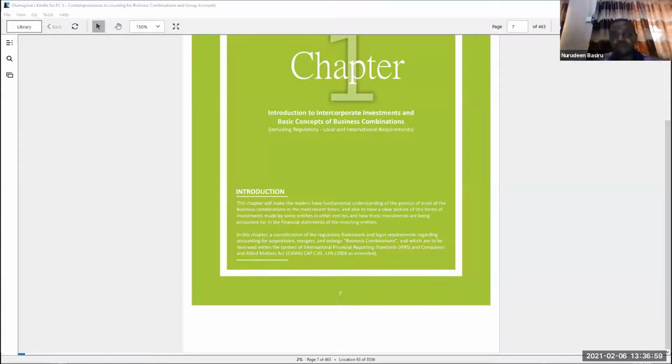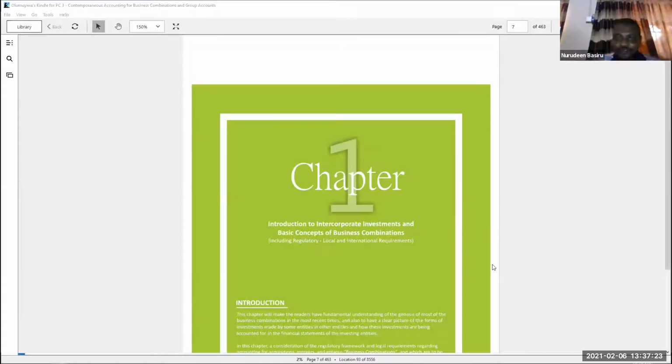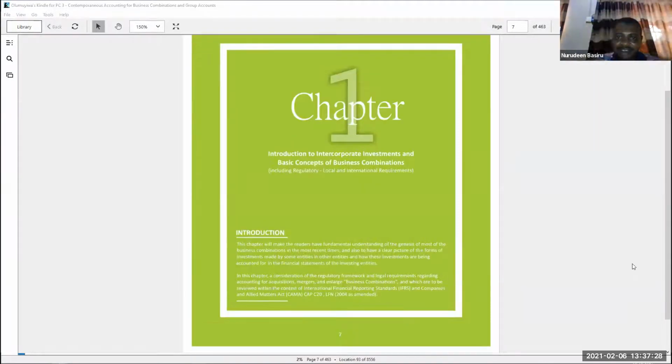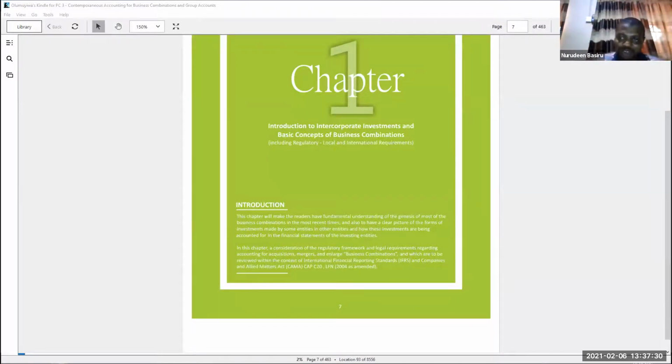For example, Access Bank and Diamond Bank recently came together in form of merger and acquisition, in which Access Bank and Diamond Bank formed a single entity called Access Bank. There are other forms of business combination, but I will just stop here.